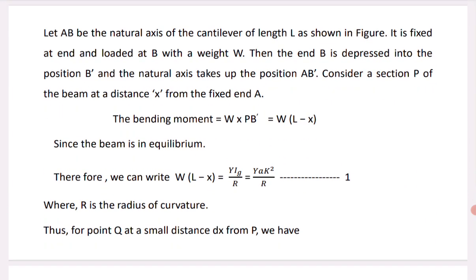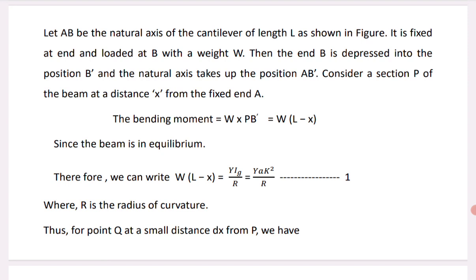Let AB be the neutral axis of the cantilever of length L as shown in the figure. It is fixed at end A and loaded at B with a weight W. Then the end B is depressed to the position B dash and the neutral axis takes up the position AB dash.